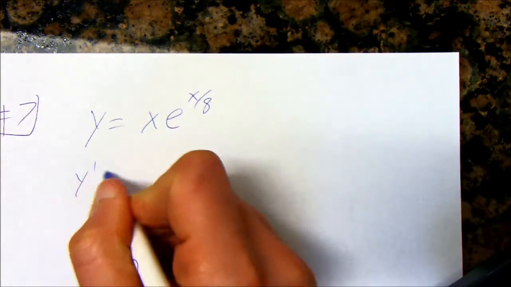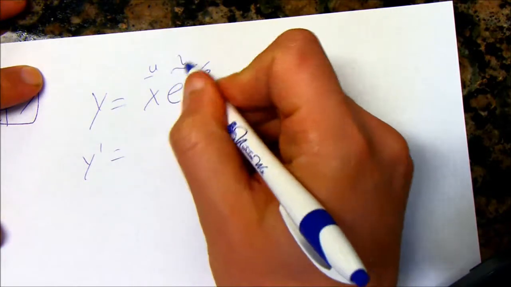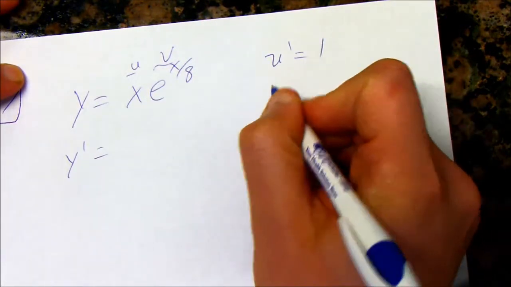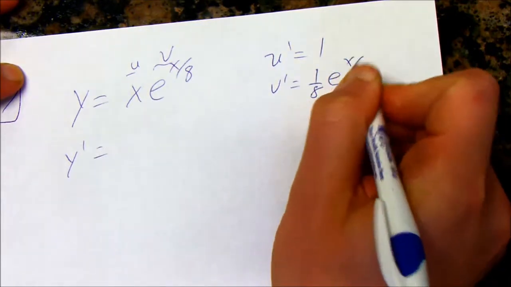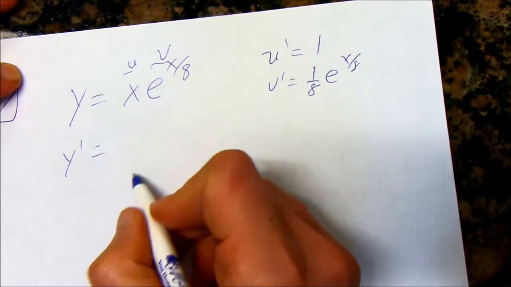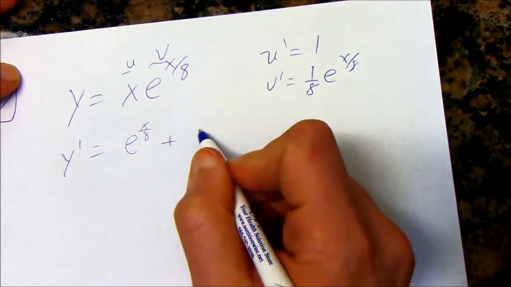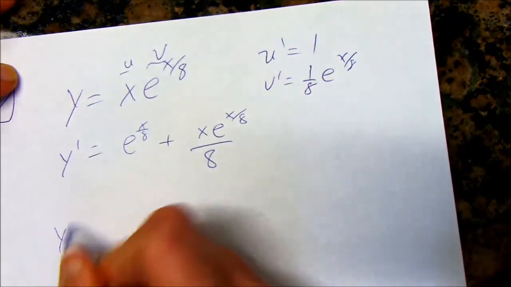So your first derivative is going to be, this is my u, this is my v. u prime is equal to 1, v prime is equal to 1 over 8 e to the x over 8. So I end up with u prime v, e to the x over 8, plus x times e to the x over 8 over 8.